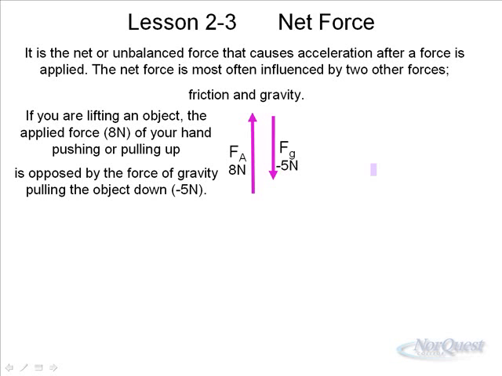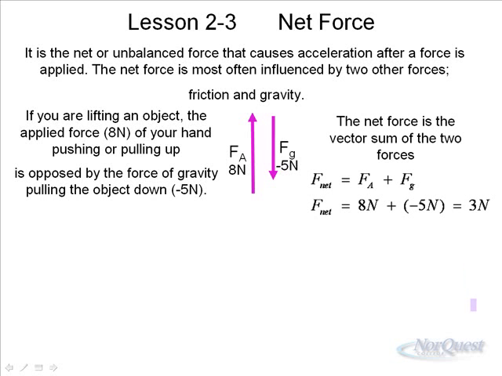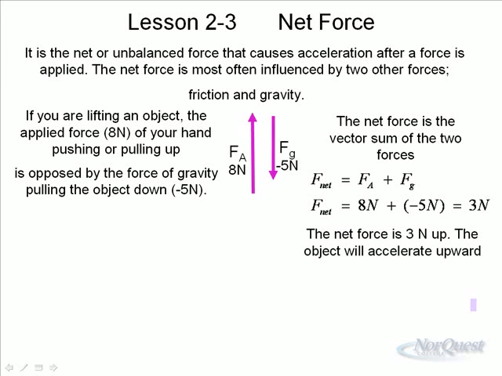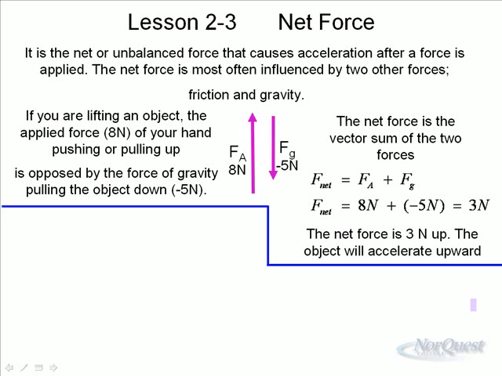When you add these two forces together, you get a net force of 3 newtons. Because the upward force is greater than the downward force, the net force is up. So in this case, the net force is 3 newtons up, and the object will accelerate upward, based on Newton's second law. Depending on the mass of the object, you will have an upward acceleration.